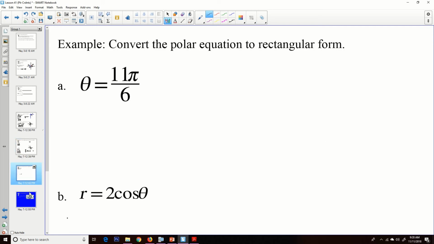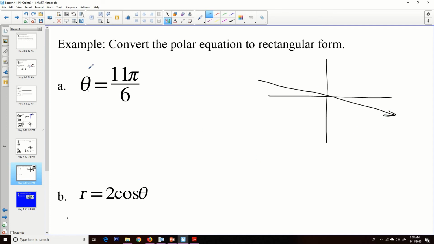Now, if we want to convert the polar form to rectangular form, this thing right here, theta equals 11 pi over 6, well, this particular value right here, we can say is going to be a line at 11 pi over 6. So 11 pi over 6 is right here.